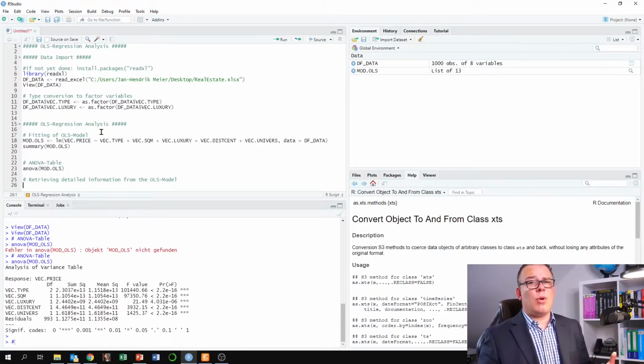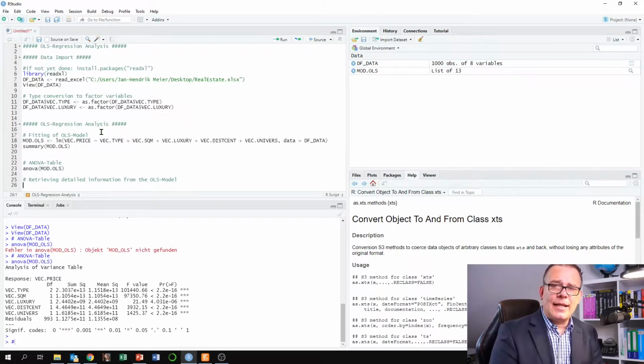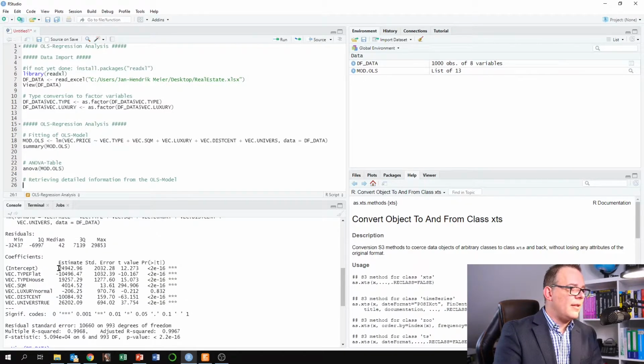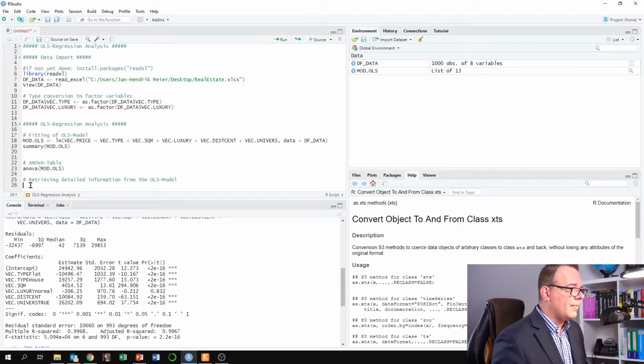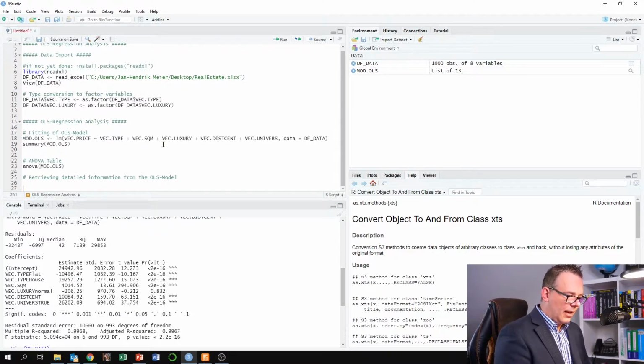Because maybe we want to write our text and we want to include some variables there. Now, how do we get our results, maybe this intercept or this coefficient, out of the model without copying the whole table? Especially in our markdown or our notebook, we might want to write whole sentences and include those results. So it is very interesting to get them.